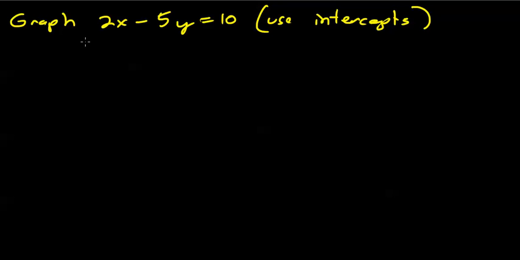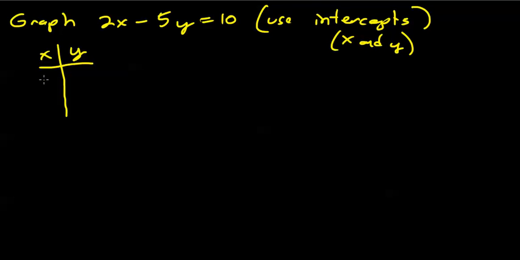Every x corresponds to some y on this line, every y corresponds to some x on this line. The idea is to find some convenient values to graph. Two points determine a line, so if I can find these two intercepts, x and y intercepts, I should be okay in graphing the line equation.